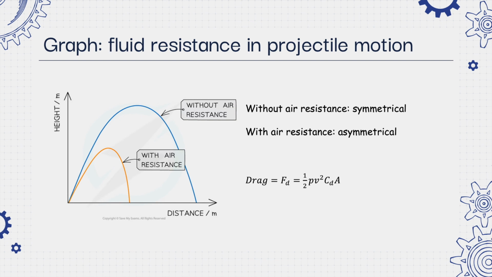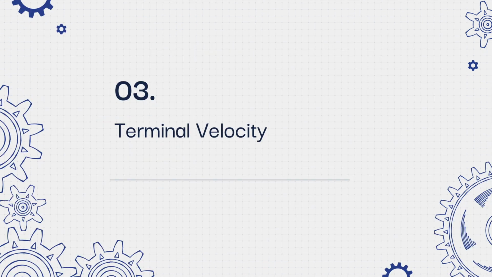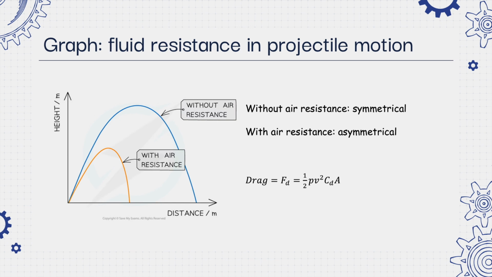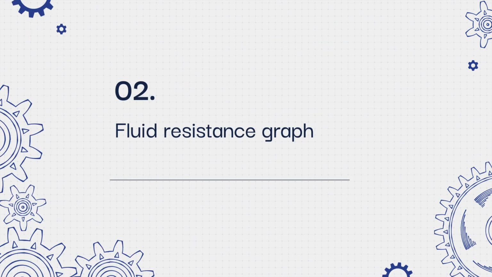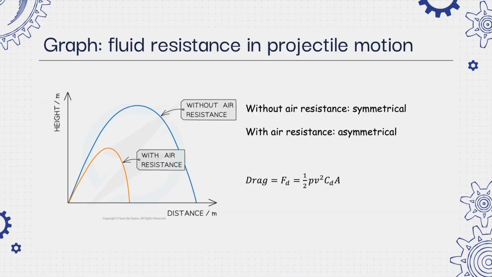Why is that? Because air resistance is trying to stop the projectile. And also here I wrote a little formula that is not really important because it's difficult, but still I wanted to put it.